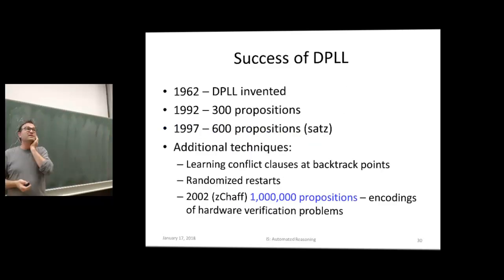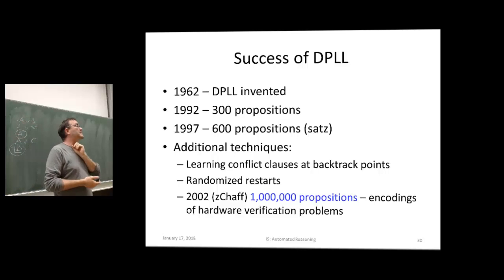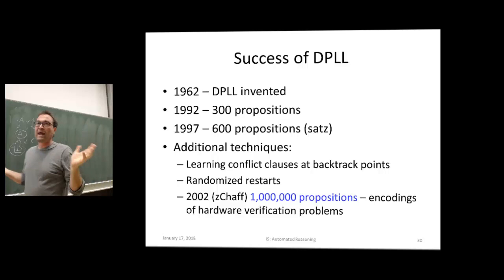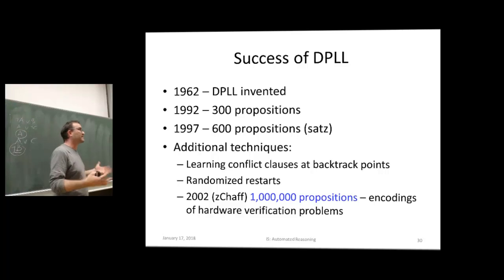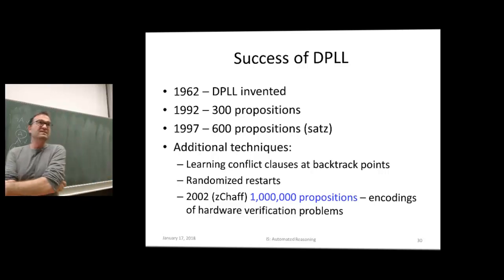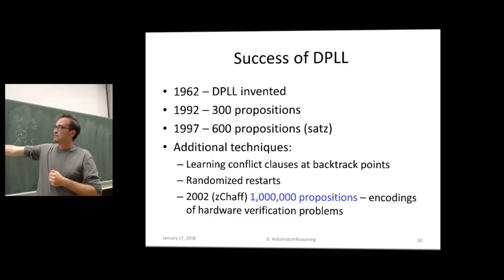So Davis-Putnam was a procedure that was invented in the 60s of the last century. In the beginning, they had very small knowledge bases, but there's really very extensive work on satisfiability, SAT solving. And in the 90s, they got up to hundreds of propositions. Nowadays, the modern ones really manage to have up to 1 million propositions.